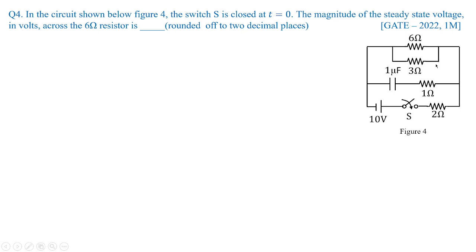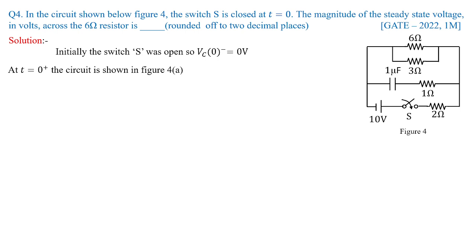So in fact the 10 volts is not connected to these passive elements. Therefore, I can say that the capacitor voltage is 0 volts because nothing was getting energized from the source. That's why VC of 0 minus is 0 volts. So this is the first catch.